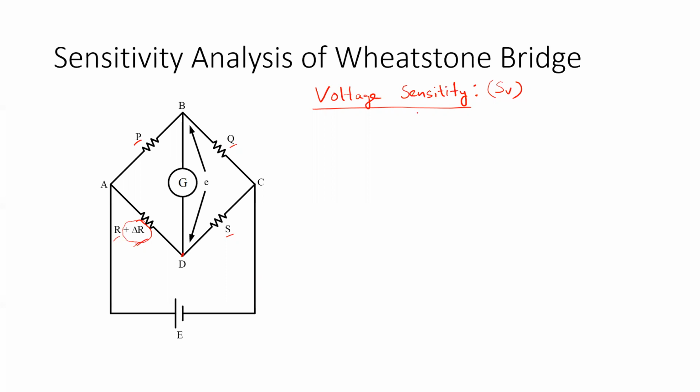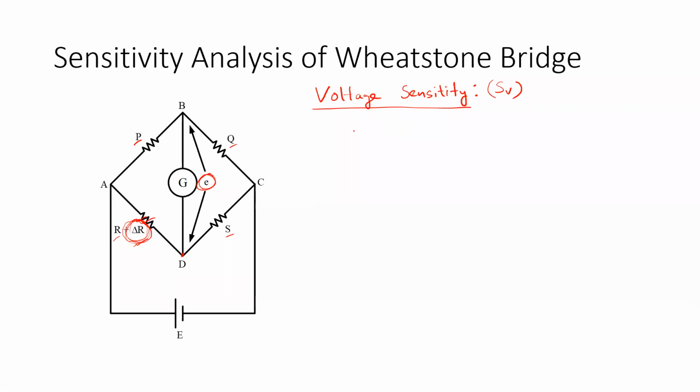So here the main thing is that if we have a change in resistance delta R, how will we formulate some relationships to examine what the effect on the galvanometer deflection will be? We will move on to the bridge sensitivity later, but as we are talking about voltage sensitivity, due to that change in resistance, the voltage across the galvanometer will change. As the voltage of the galvanometer changes, the deflection in the galvanometer will also change.